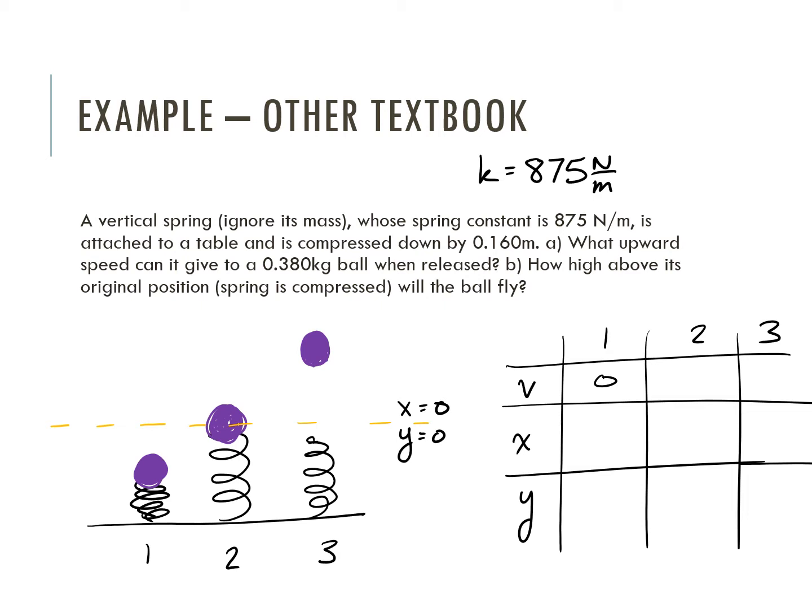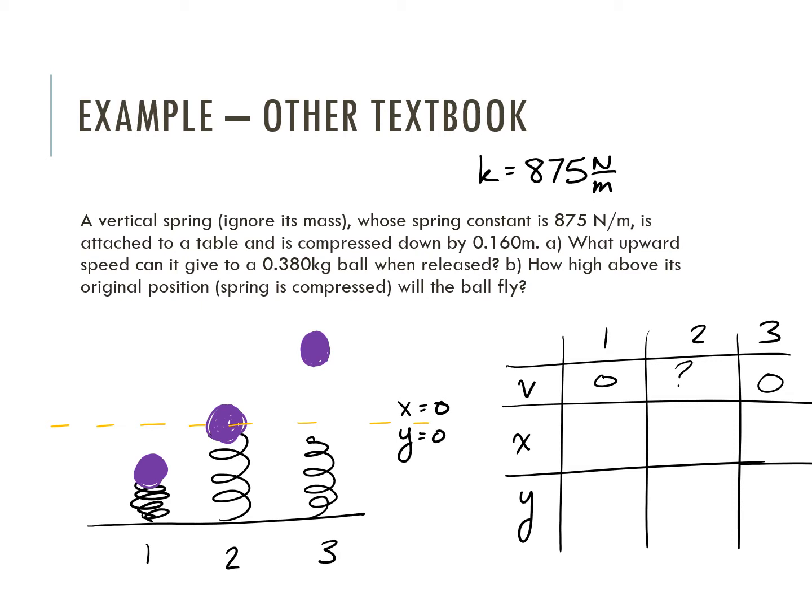At point 3, this is the highest point, the ball is going to be flying. I'm going to call that 0. I don't know what the velocity is at 2, so I'm going to put a question mark there.